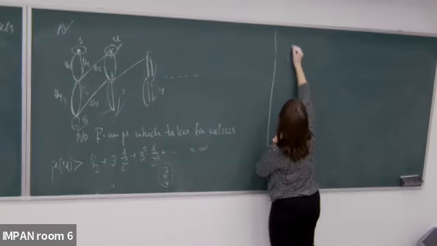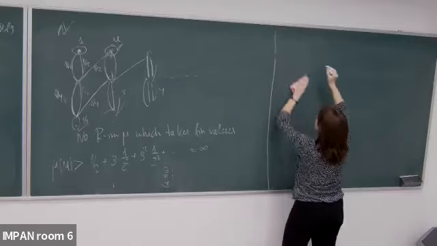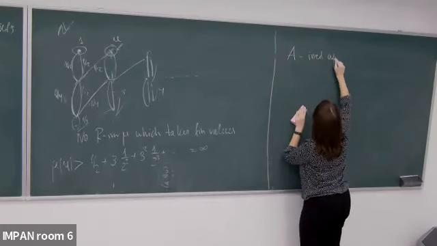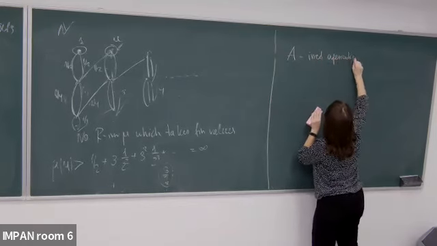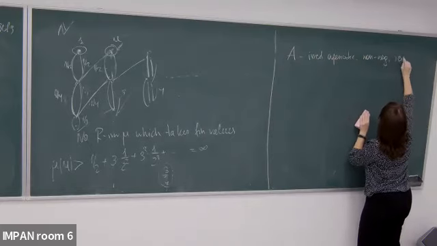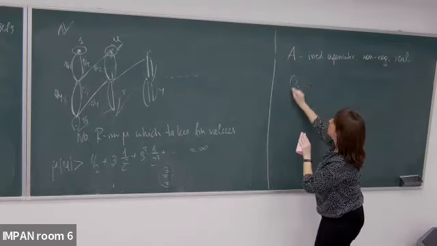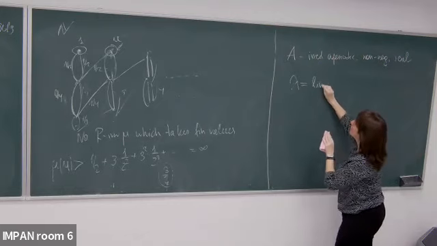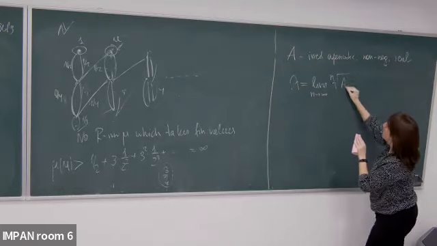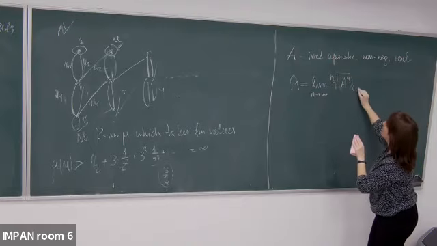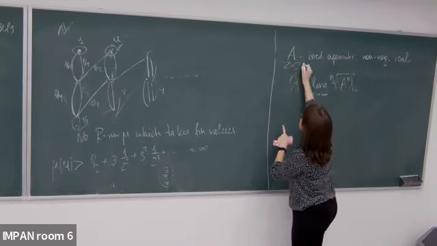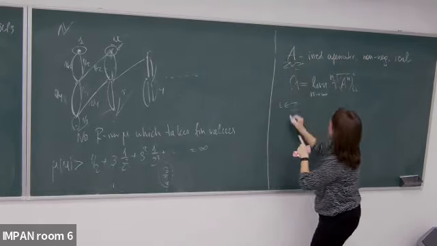Let me start with some irreducible periodic matrix A with non-negative real entries. Then we can consider lambda as the limit, as n goes to infinity, of the nth root of a_ii to the power n, for some i, and i is some integer.